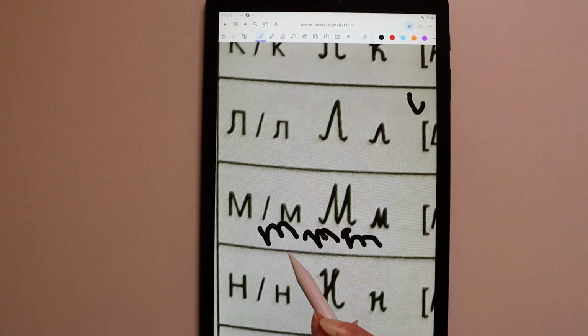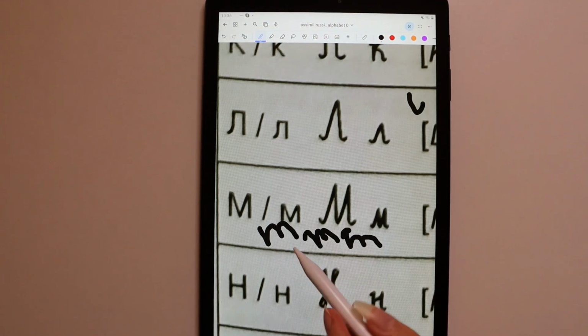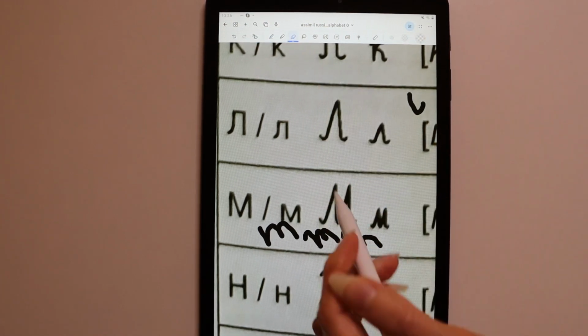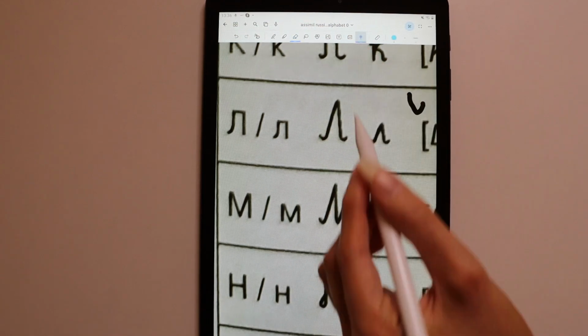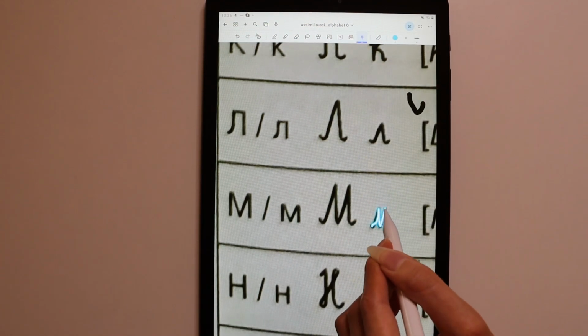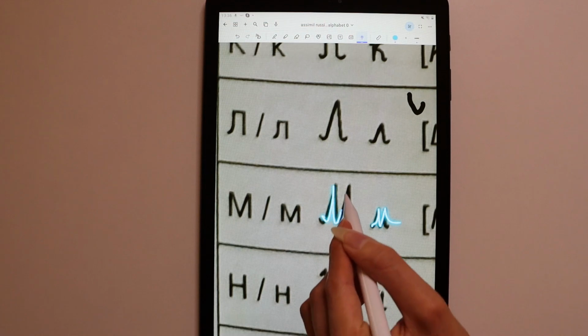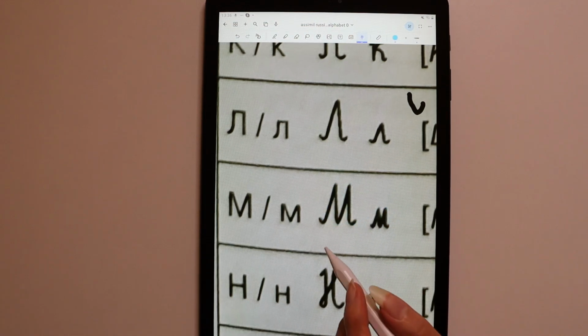This is the small t, so you can't write it like this. Don't write it like this, but really write it like this. That's really important because otherwise it looks like a T.